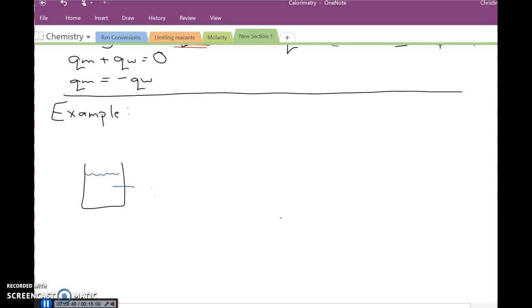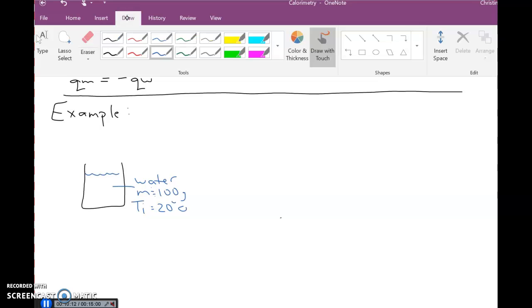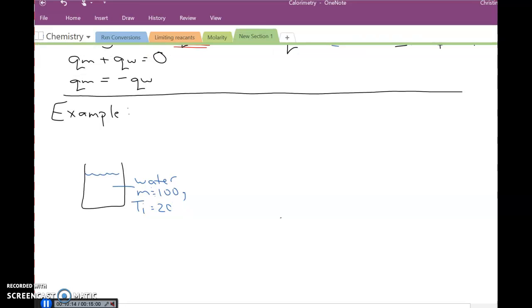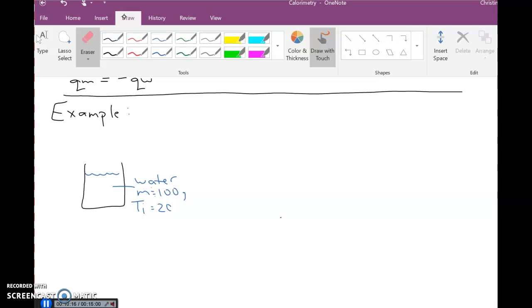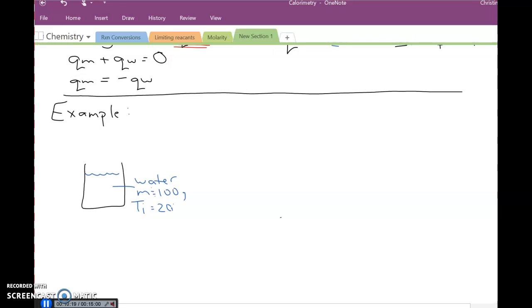The mass of the water equals 100 grams, the initial temperature of the water equals 20 degrees Celsius.